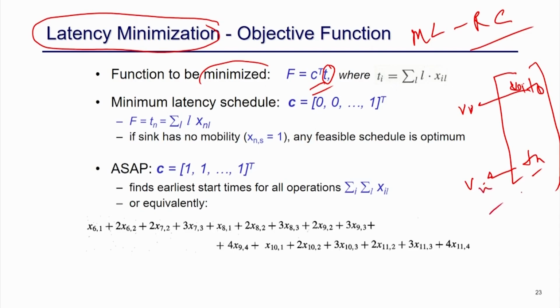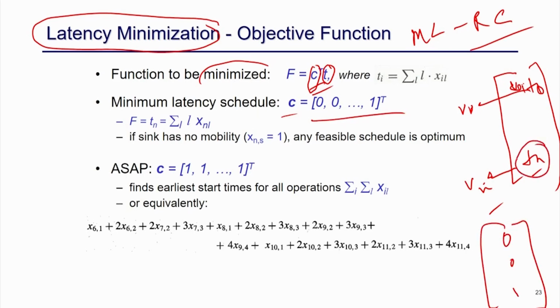So, this is how the whole thing works, and now we have to decide what the constant value is. If you want to minimize the latency, what will be the constant value? I am going to consider this Cn all 0, only the last one is 1. Why? Because I want to get the minimum latency, that means I want to schedule this Tn as soon as possible. The minimum value of this Tn will give you the minimum latency.